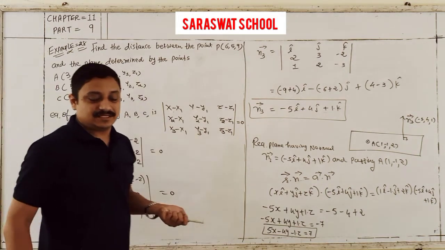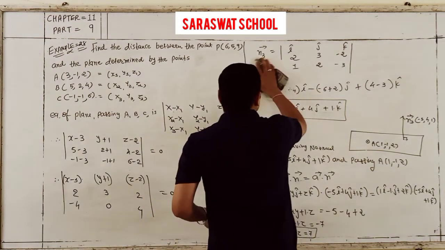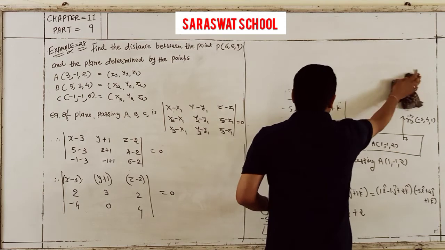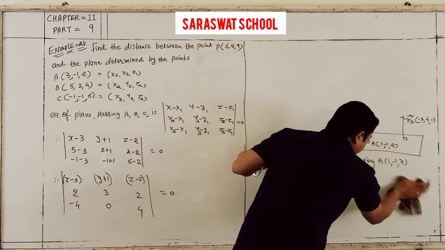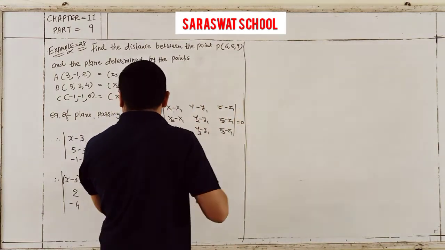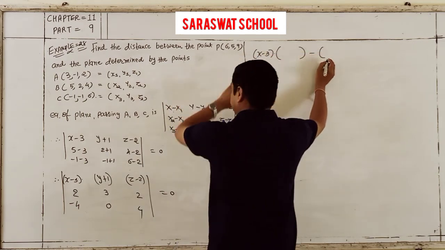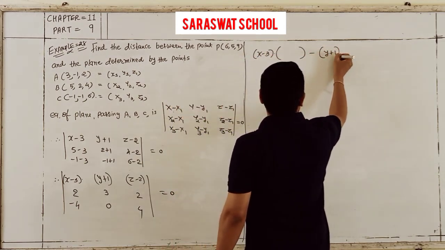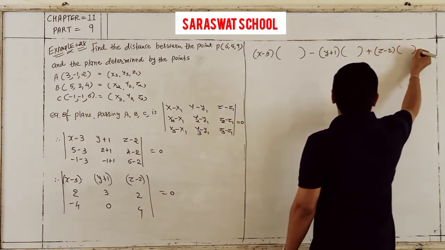By the definition of determinant solutions you will get the answer easily. So you get the answer: x minus 3, next minus y plus 1, and last z minus 2 is equal to 0.